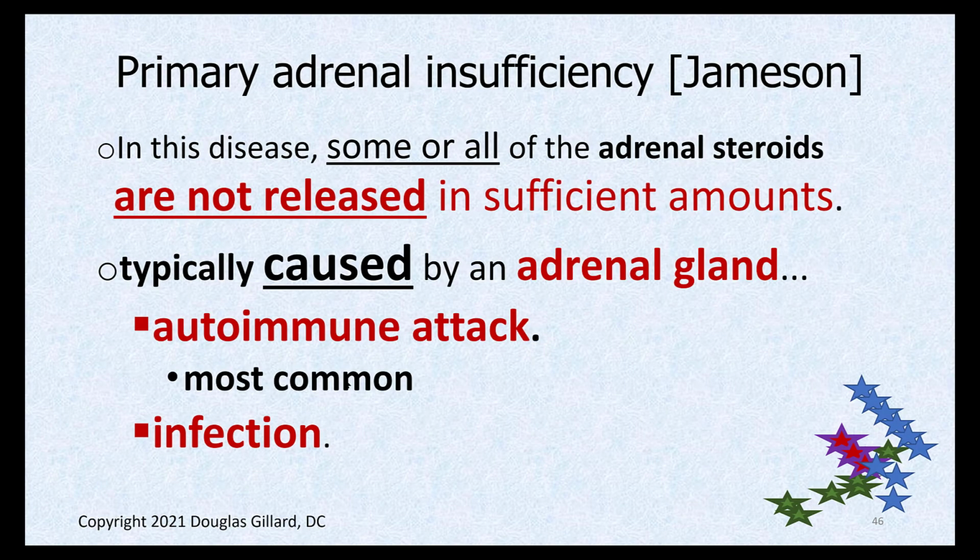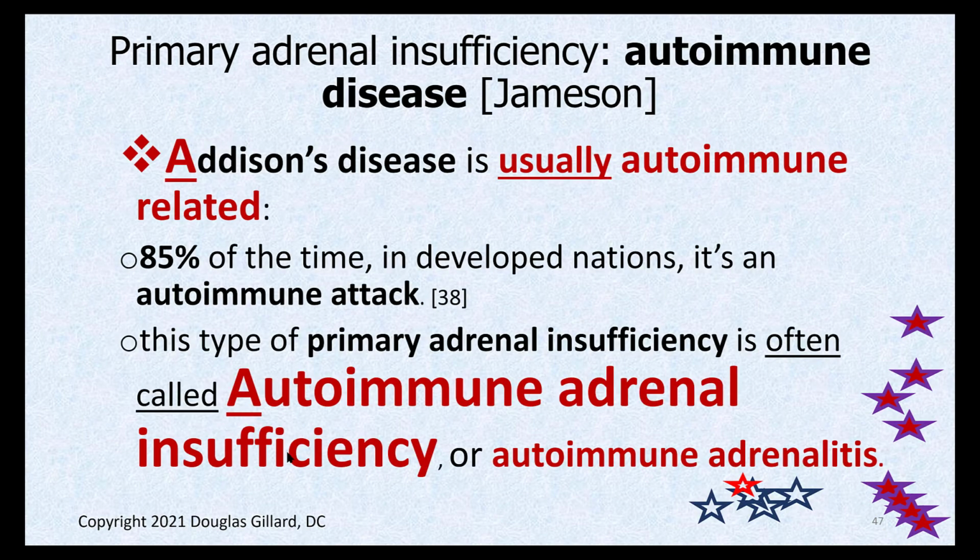So let's look at these two things. In the disease, some or all of the adrenal steroids are not released. It depends on what the cause is. But again, it's either caused by an autoimmune attack or an infection. It could be caused by cancer, really rare cancers, and blood clots as well. But the big two are autoimmune attack and infection. We'll look at all the causes right now.